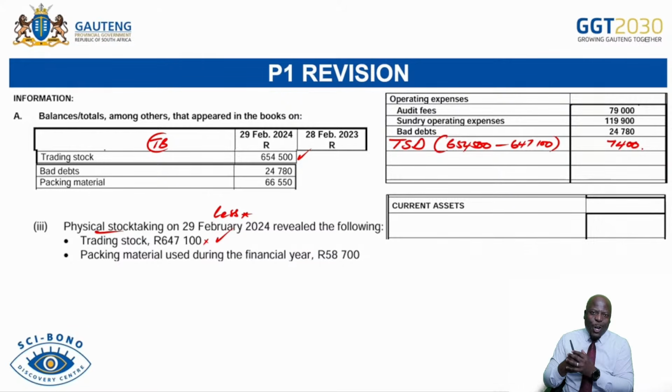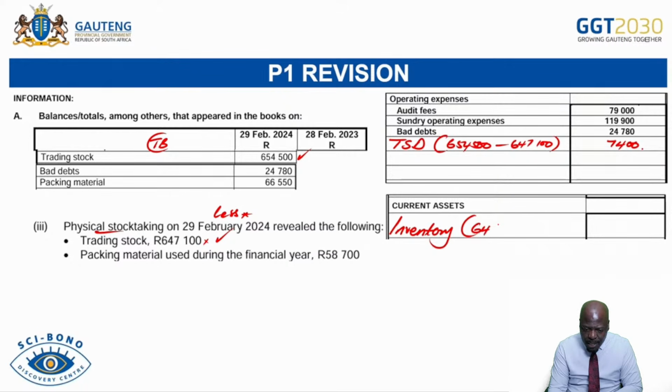We have a trading stock surplus. How do we record this? In the statement of financial position, we come under our current assets, and we're going to say, here is our inventory. All right, and we're going to open our bracket, and we're now going to say 647,100, and then we're going to add our packing materials. But let's get to that one now.